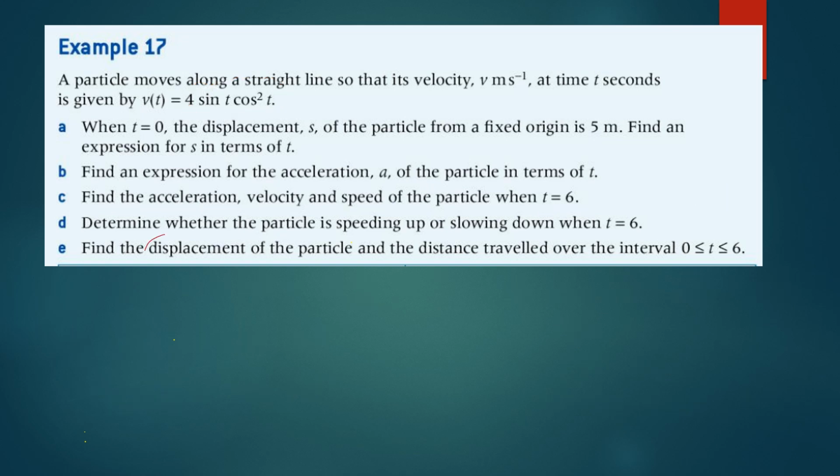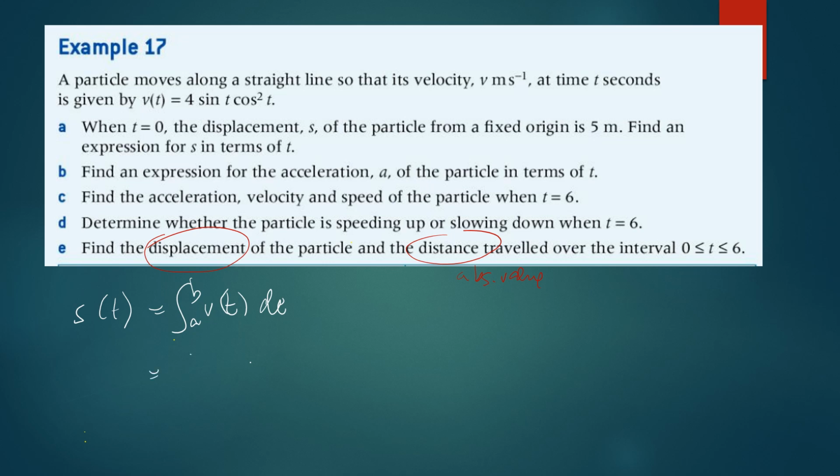To answer the last question, we're looking for the displacement and the distance. So this is absolute value. Remember that. So S of t equals the integral of the velocity. Remember, this is the formula from a to b.